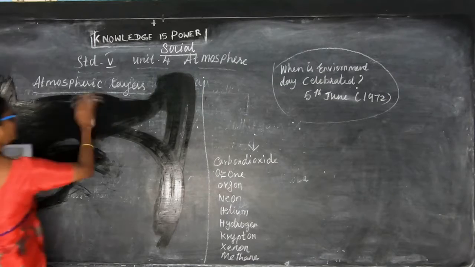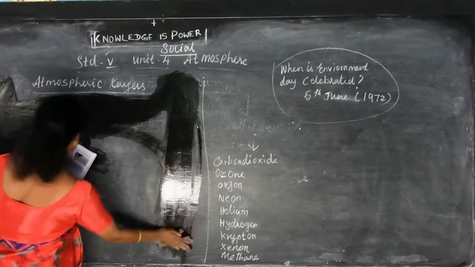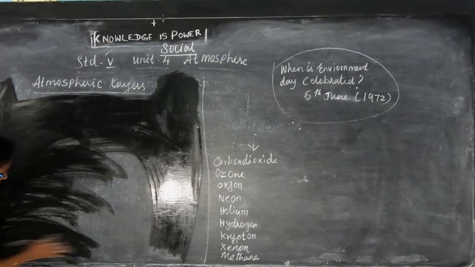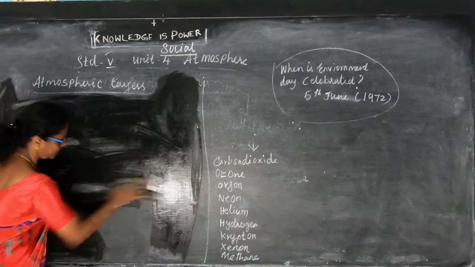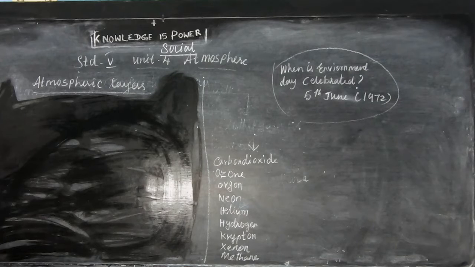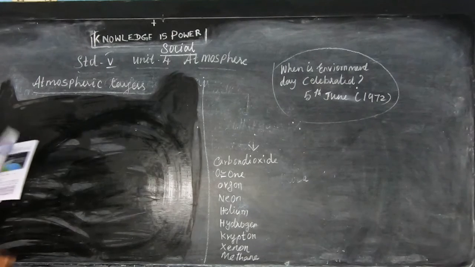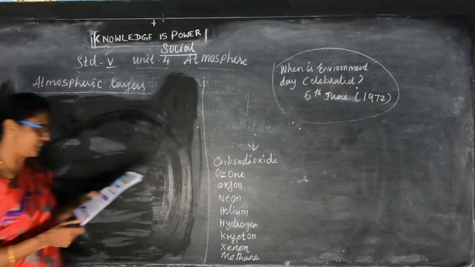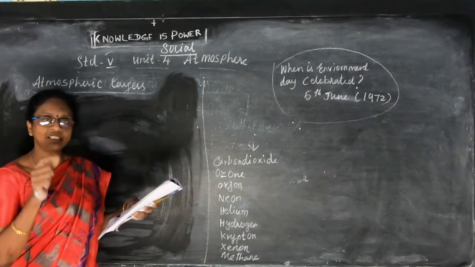Let us see the layers of the atmosphere. As a result, the density of the air also differs across the layers.